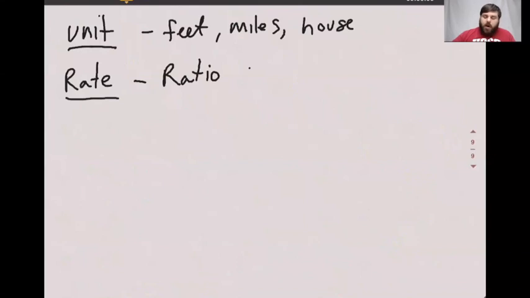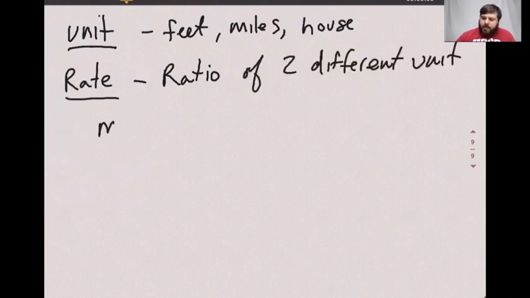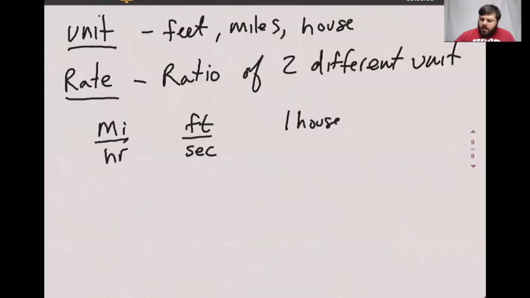It's a ratio of two different units. So when units are different, we're talking about a rate. So that could be miles per hour, feet per second, 1 house per 2 hours. All right, that one's kind of a weird one, but I promise you'll see something like it.